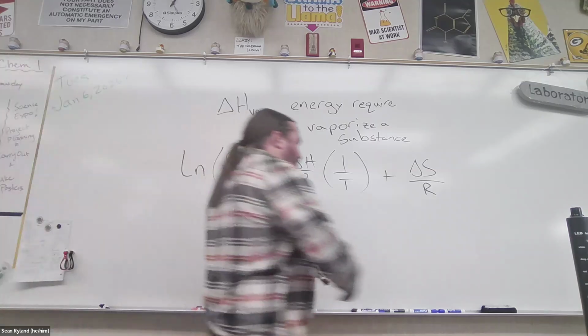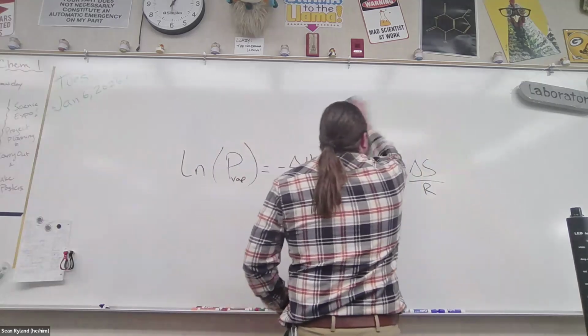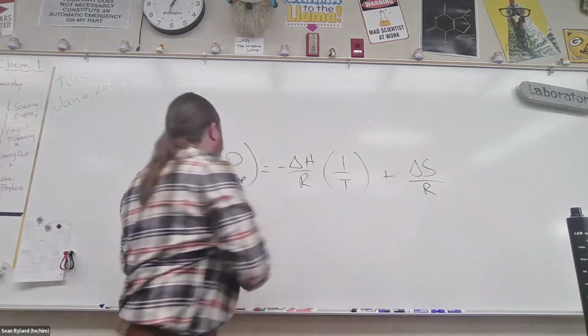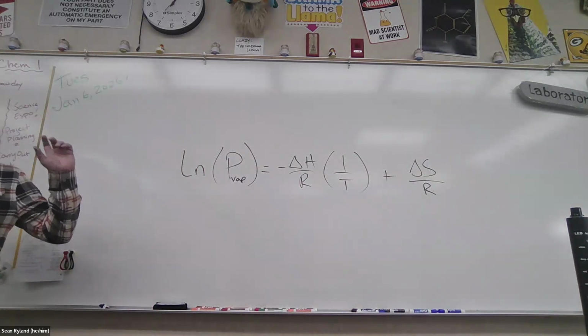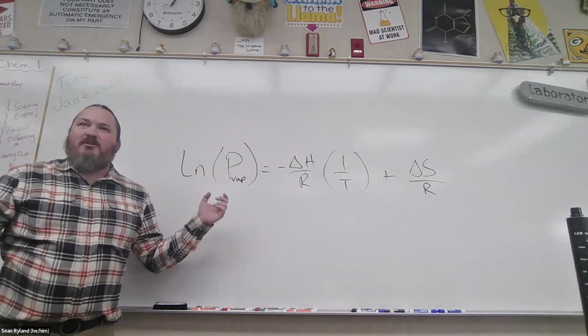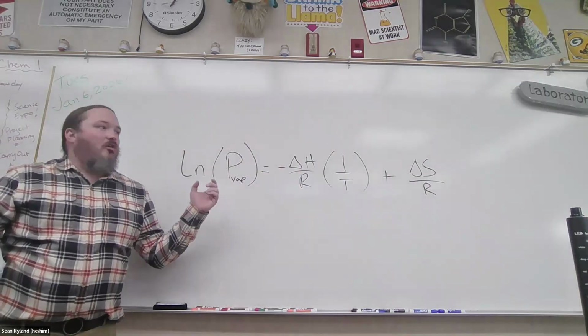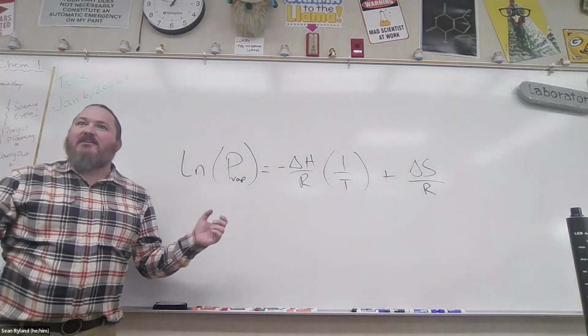The other reason why I like talking about this equation is that it's a really good example of some of the ways that we have to manipulate the data in order to make it form a straight line. So remember when we did that with the pressure versus volume of a gas, right?